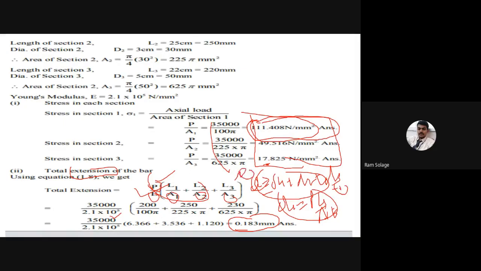This is equation number 2. How many students, I think, calculated by equation number 2 or 1? 2, sir. Which equation? 2. Okay. Now check the answer. 0.183. This is my answer.